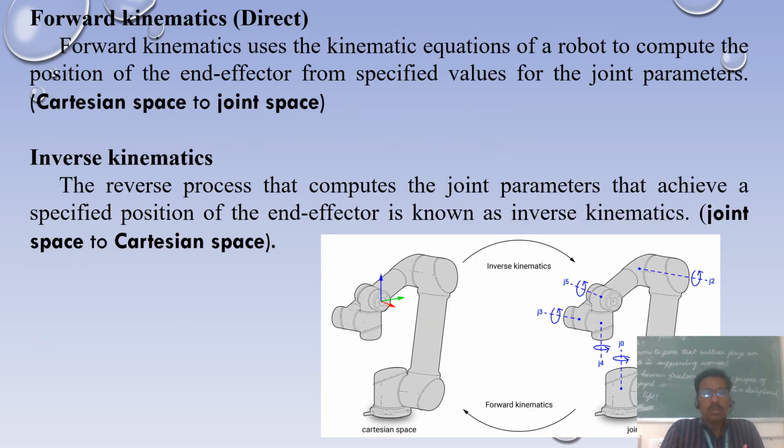So next, forward kinematics and inverse kinematics. These are the two different types of kinematics available. Forward kinematics use the kinematic equations of a robot to compute the position of the end effector from specified values for the joint parameters.